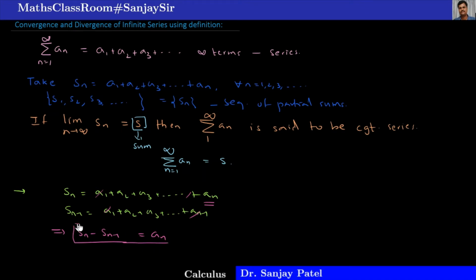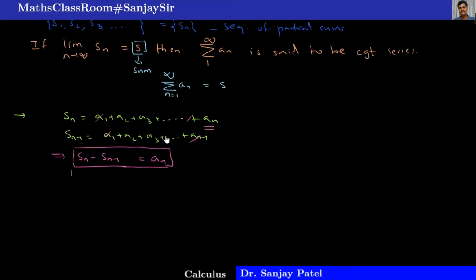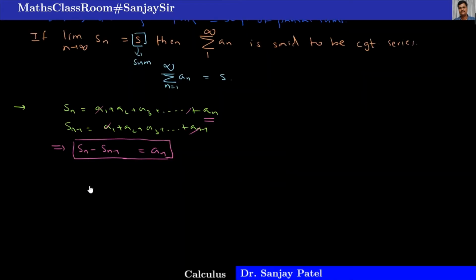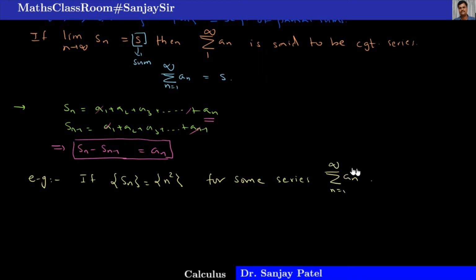So given the formula Sn, suppose we know the sequence Sn, then you can find the original sequence an, which is associated with the given series. So for example, suppose Sn is equal to n square for some series sigma an, where n is equal to 1 to infinity, and we want to find the original sequence an.